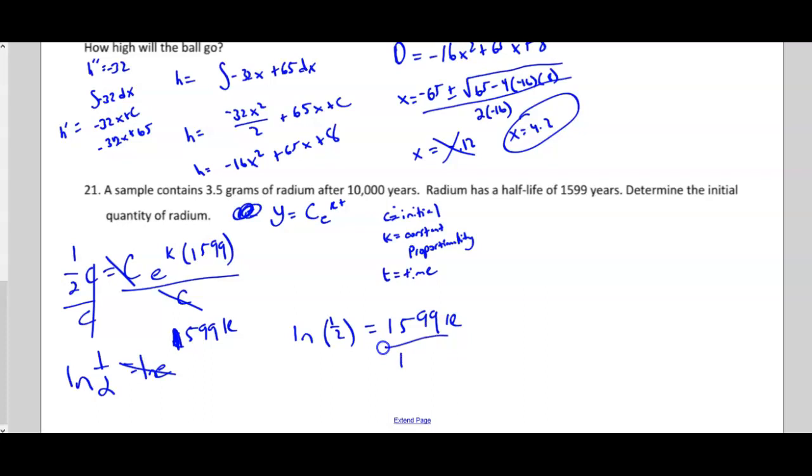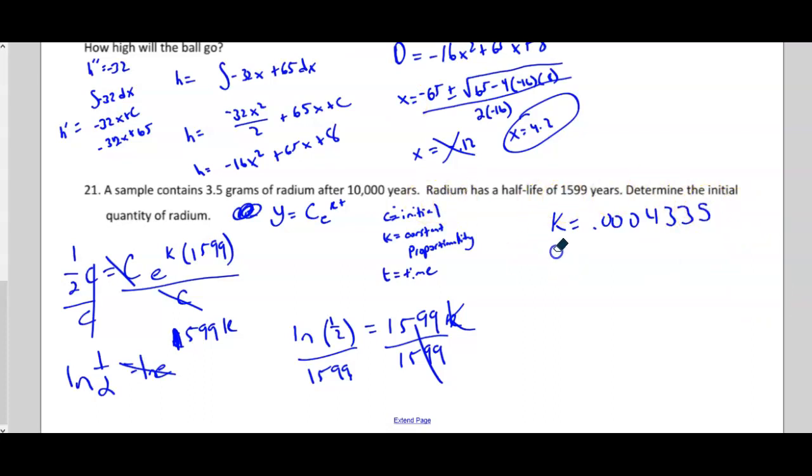And so now if you divide by 1,599, that'll give you your K. This is K, guys. My handwriting's terrible. But K equals this right here. And so let me punch that in my calculator real quick. You get K equals 0.0004335.